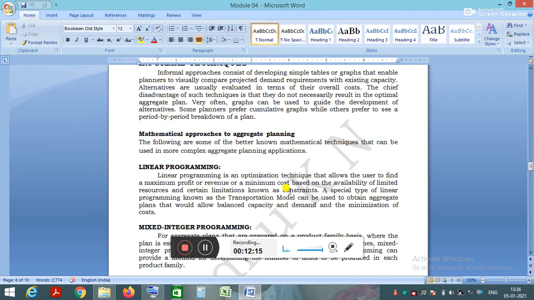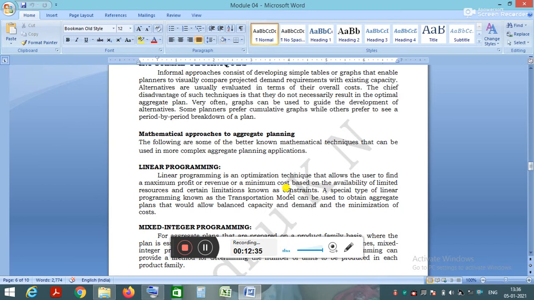In linear programming, it is an optimization technique which gives better results, which allows the users to find the maximum profit that we can get and the minimum cost that we can get.